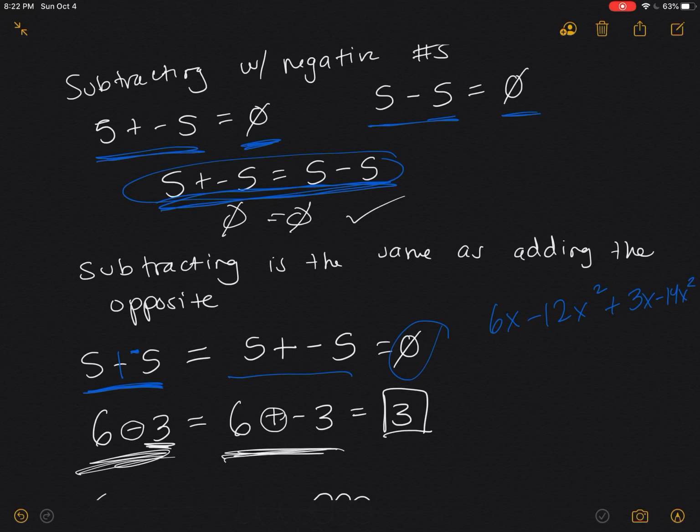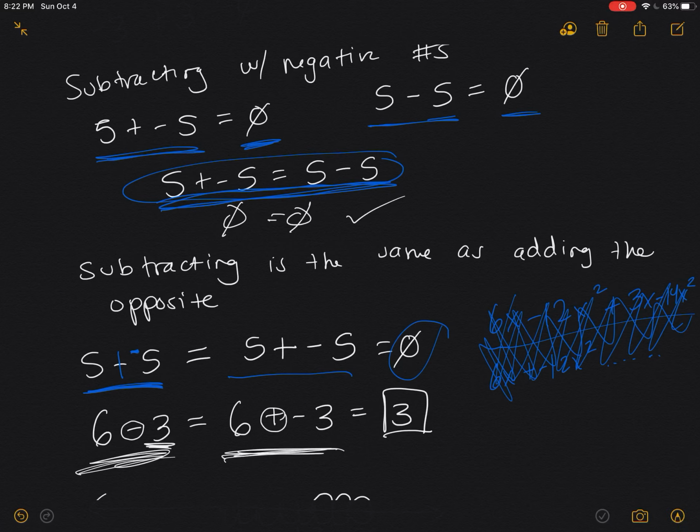Don't worry, you'll get to it eventually. I want to remember the commutative property. I can add in any order. Well, this is an addition right now, right? I have subtraction in there. Well, if I remember my rule, I can add the opposite, right? Instead of minus 12x squared, I can say plus negative 12x squared, right? So on and so forth. And if that's confusing, that's fine. Don't bother with it if it's too much right now.